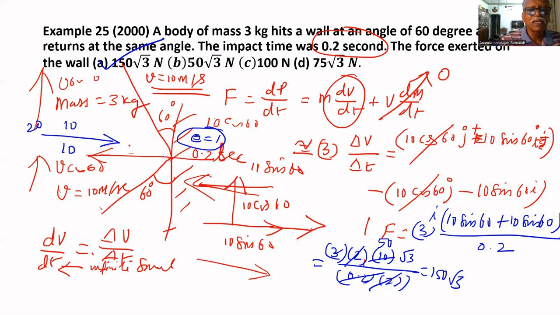But here it is inclined, so there are two components, a cos component and a sine component. The cos component gets cancelled because of the minus sign. But the sine component, one is towards east and another towards west, so minus of minus is plus. It is added together. So 150 root 3. Shall I move to the next sum? Yes, sir.